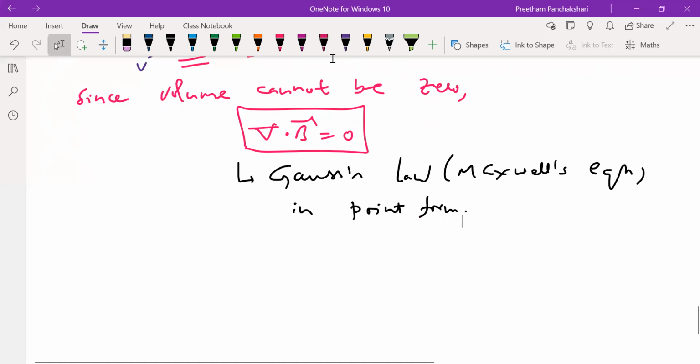Then I have a question in mind. What is the curl of this magnetic flux density vector? That is, what is del cross B?